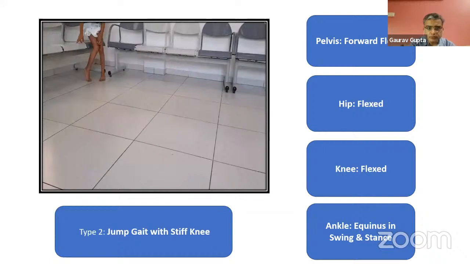Then type 2, here along with the ankle equinus, you see knee flexion. There is hip and pelvis flexion also.